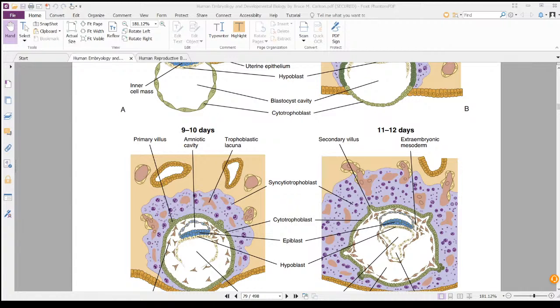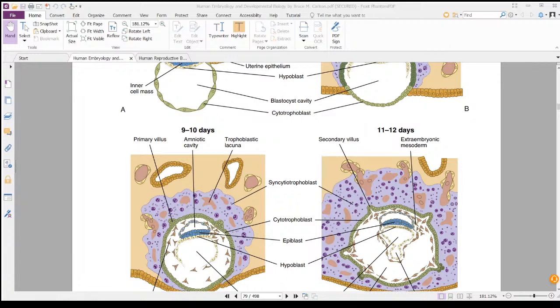So the early implantation continues with projections from the invading syncytoblast. They envelop portions of the maternal epithelium, the endometrium, and the blood vessels, and they keep on eroding the blood vessels. Maternal fluid begins to fill the isolated spaces that have been forming in the trophoblast.